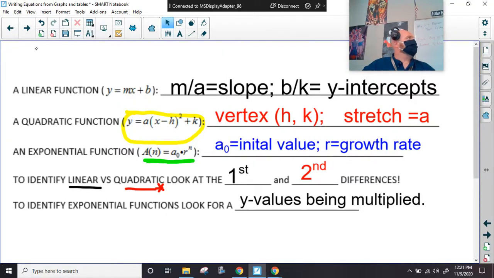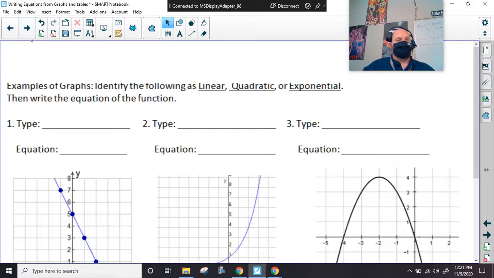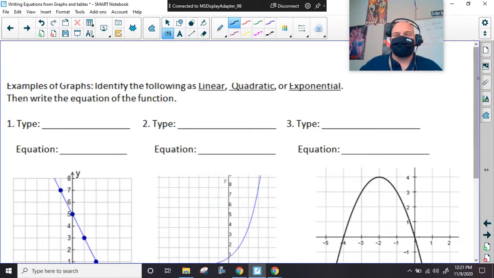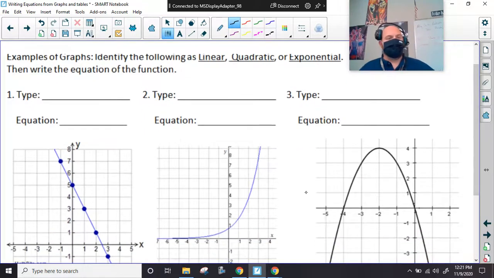Are we good here? Does anybody need more time? Yes, no, maybe. All right. So it says identify them as linear, quadratic, exponential, and then write the equation. So number one, what type of graph is that? Yeah, linear. Thank you. It makes a straight line.